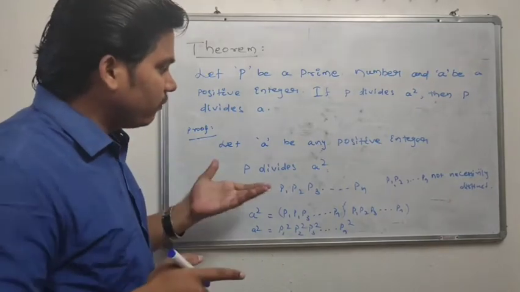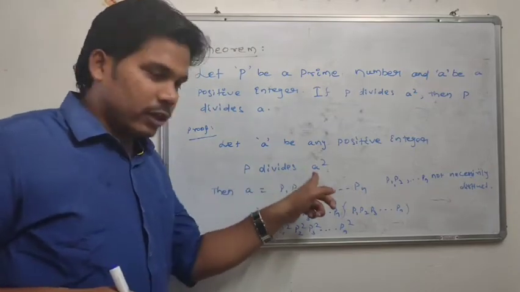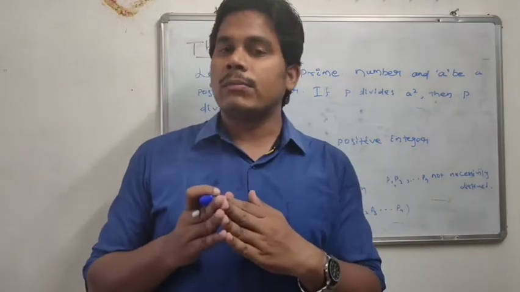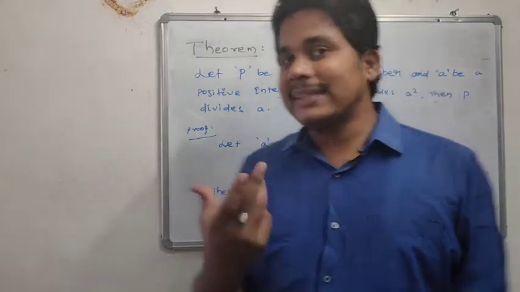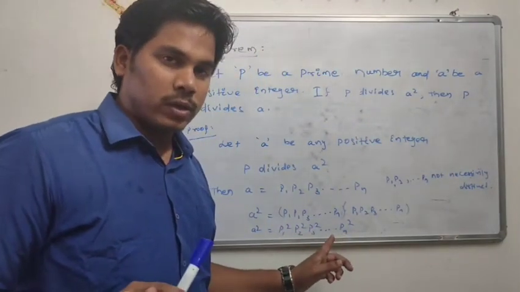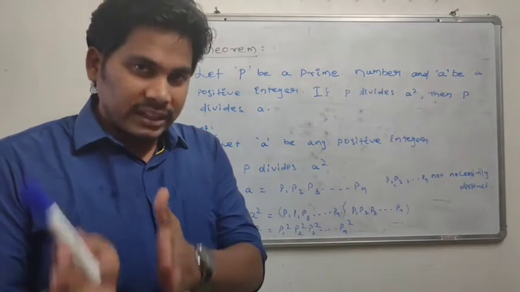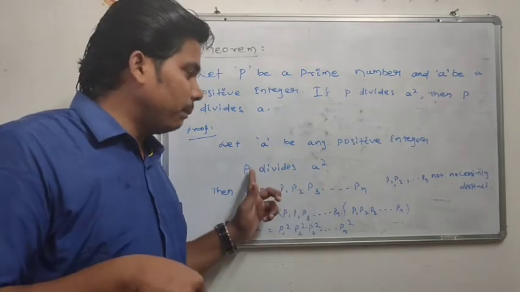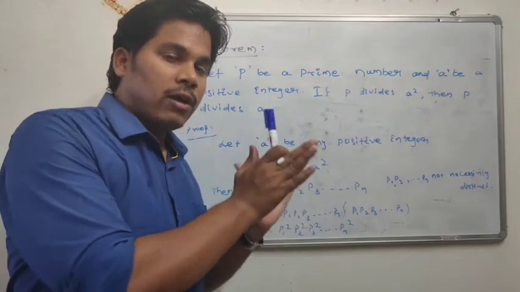But what we know is that p divides a square, which means p is a factor of a square. We know from the fundamental theorem of arithmetic that if the factors are unique, p1, p2, p3 up to pn square should all be unique numbers which are the factors of a square. But we already know from the given statement that p divides a square, so p is also a factor of a square.